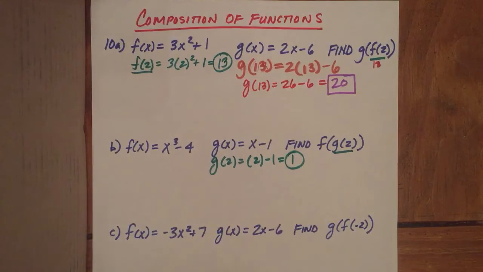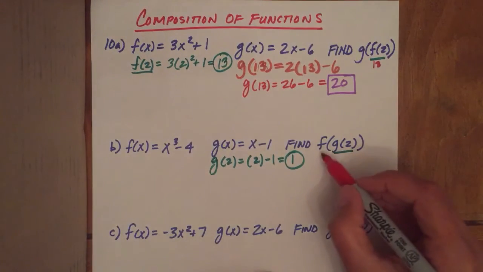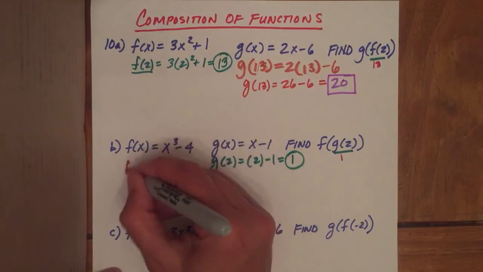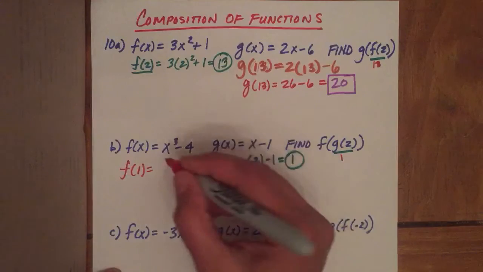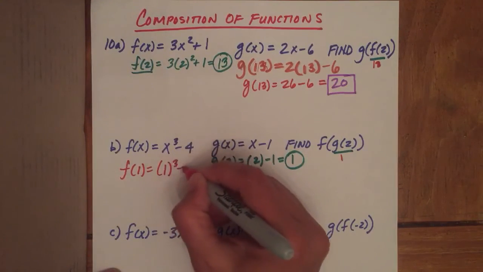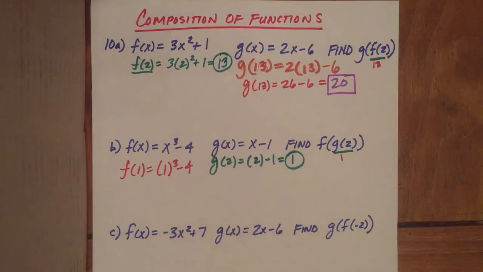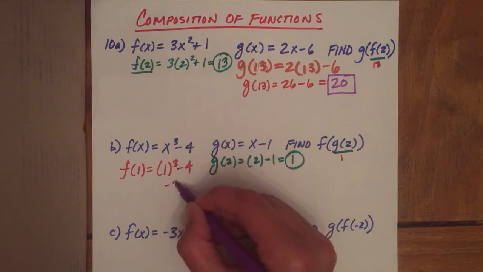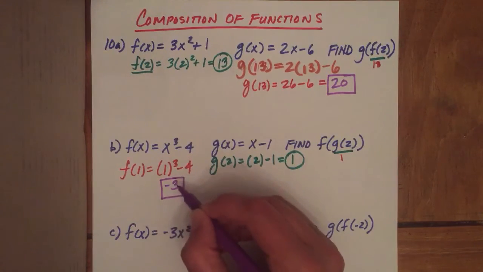So now what that means is we're going to be finding f of 1. So I'm going to come back over to f, and I'm going to plug in the 1. And when I work that out, I get 1 cubed, which is 1, and 1 minus 4 is negative 3. So that is your final answer.